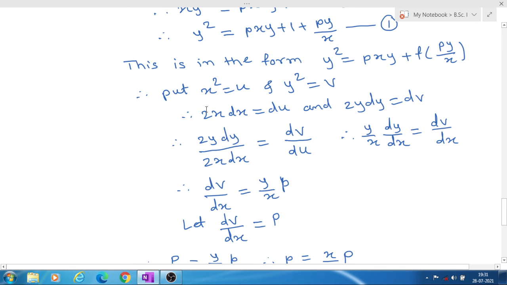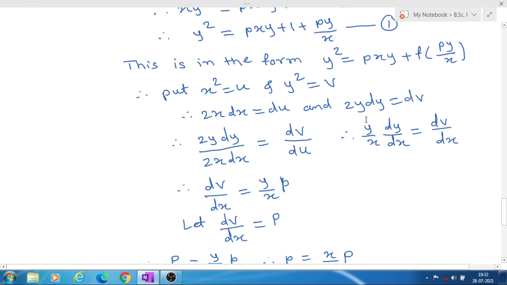Taking the derivative with respect to x, from x² = u we get 2x dx = du, and from y² = v, we get 2y dy = dv. We take the derivative independently. The derivative of y² is 2y dy, and the derivative of v is dv.